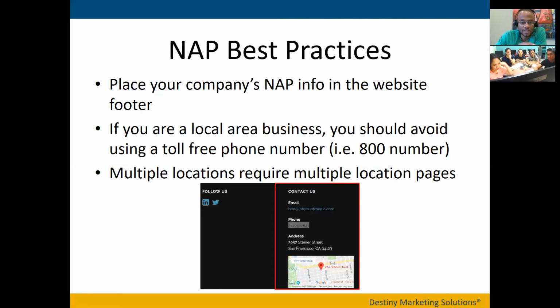You need to have a separate location page for each of those locations. And similar to what we talked about here, each location page should have its own address and its own phone number, and even its own map here. They're very important, and that's how you can better optimize for local searches.